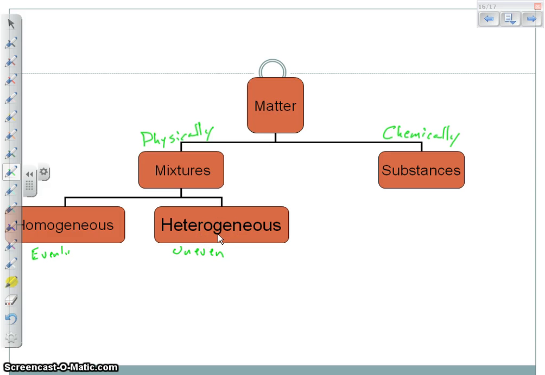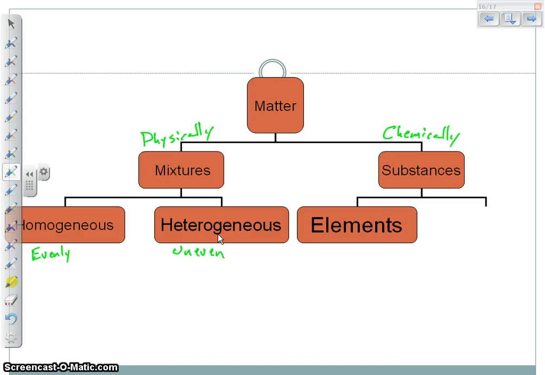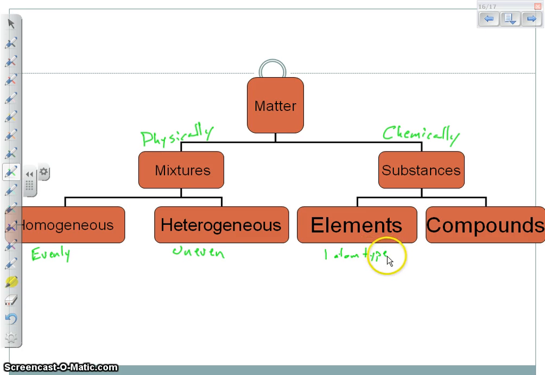The substances, however, are broken down into two parts. You've got your elements, which are composed of only one type of atom, and then you've got your compounds, which are composed of more than one type of atom bonded together in a fixed position. So this is one atom type only, and this is 2+ atoms bonded together.